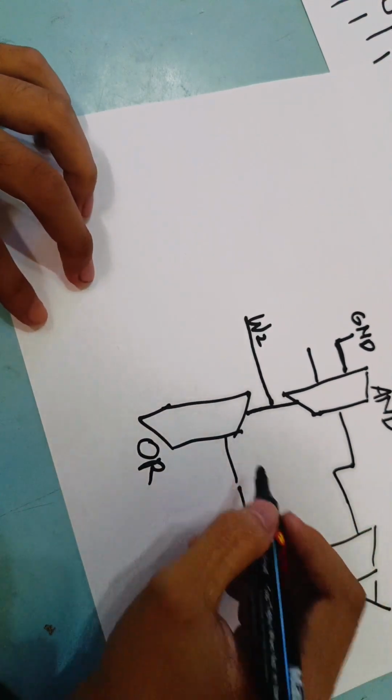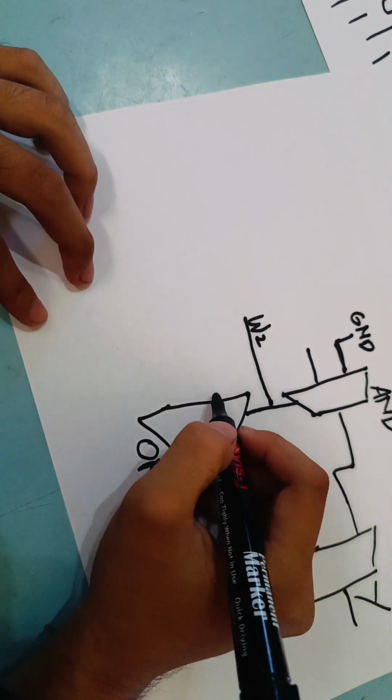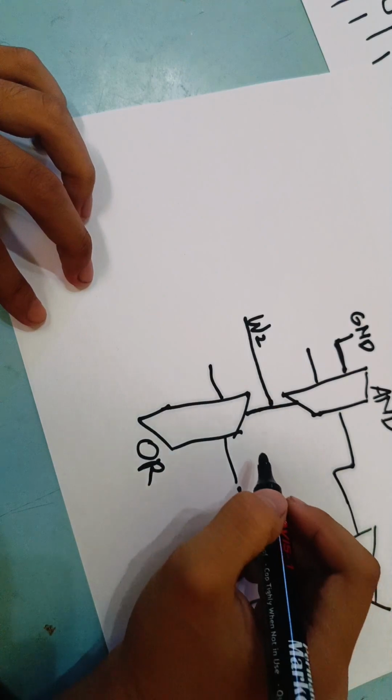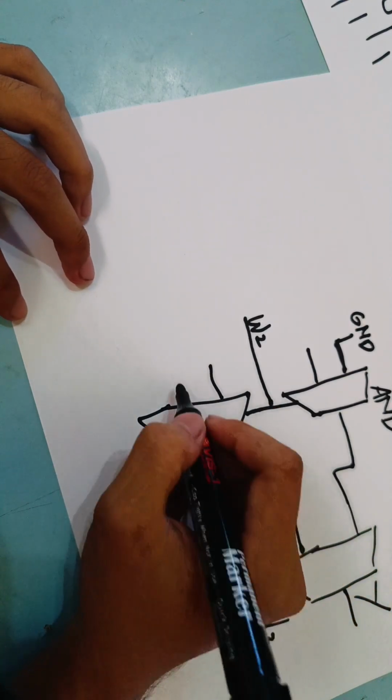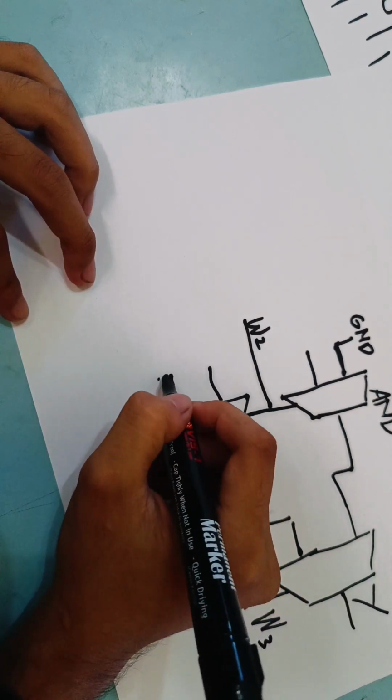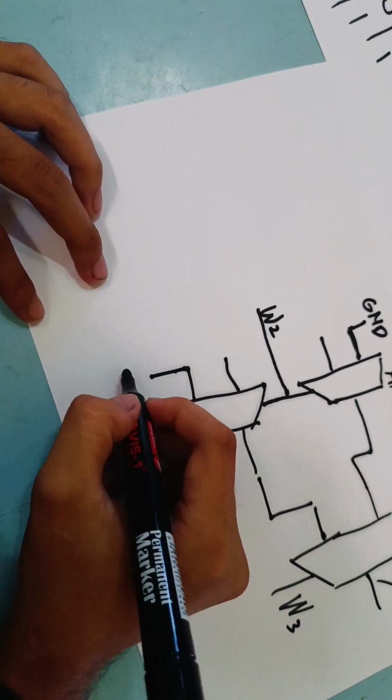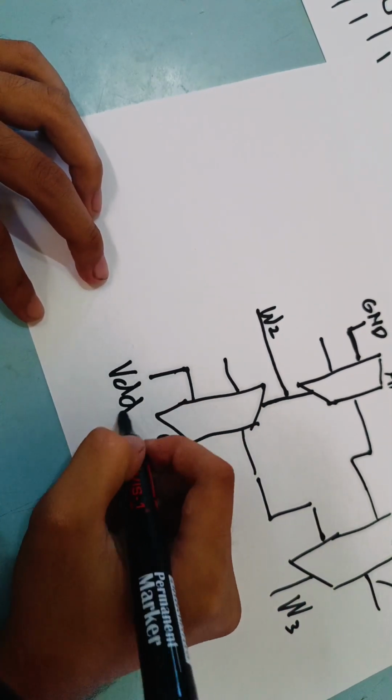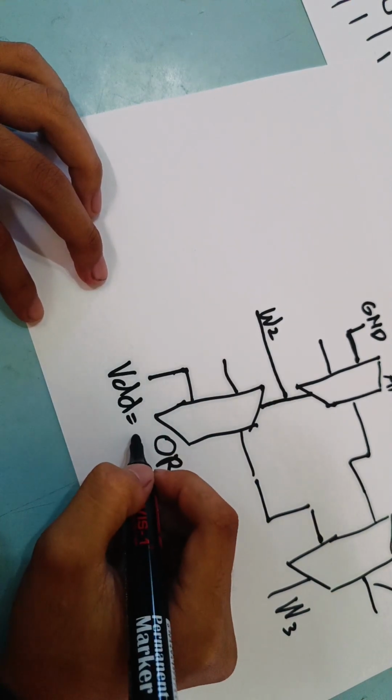And for the OR multiplexer here, we know that if one of the inputs is 1, the output will be 1. So in this input we use the VDD. That means it's equal to 1.